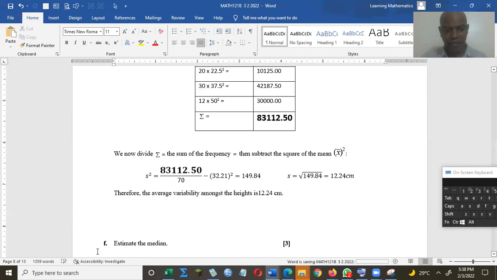Variance and standard deviation using method 2.